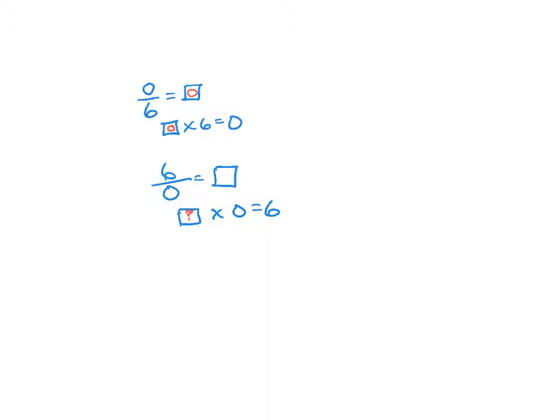It's not possible to take a number multiplied by 0 and end up with 6. So we have an answer for this in math, and we say the answer is undefined. You can say the answer is not possible. You can say there is no possible answer. Make sure you do not say that the answer is 0, because that is not true. The answer to this is undefined.